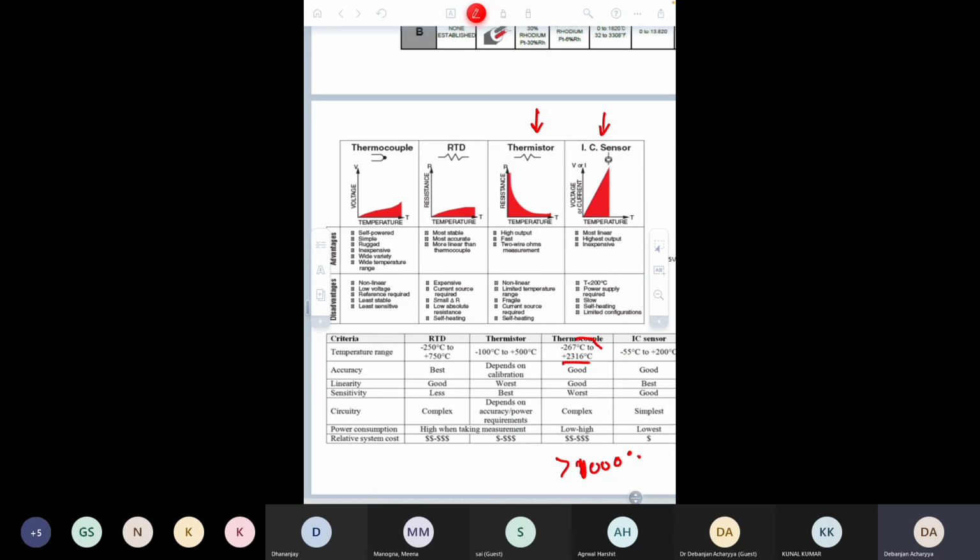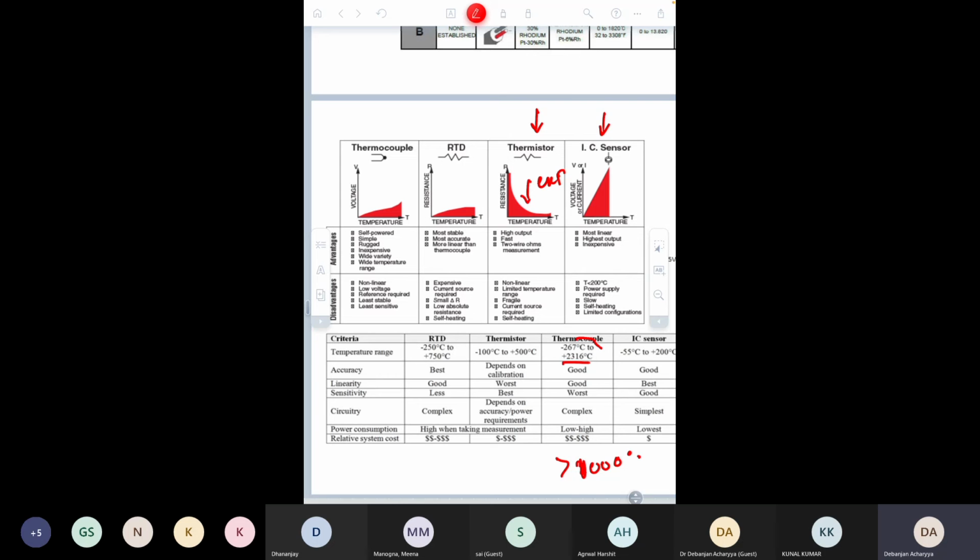Among all these sensors, thermocouple, RTD, thermistor and IC sensor, the thermistor has the fastest response due to its exponential curve. You can see all other sensors have a non-linear curve, but that is not exponential. But thermistor has the exponential curve. So therefore, the thermistor is a very fast sensor.